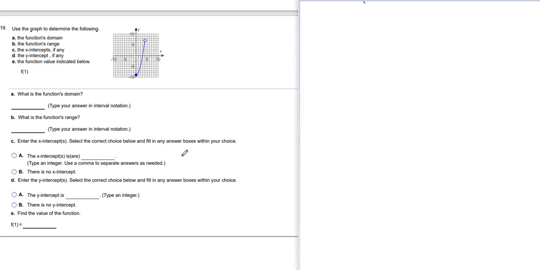Number 19. Use the graph to find the function's domain, the function's range, its x-intercepts, its y-intercepts, and the indicated value. So the domain here is limited because, look, there are no arrows on the ends of our graph. It goes from here to here. Now, it's a closed circle here. That's going to mean bracket, and an open circle here.